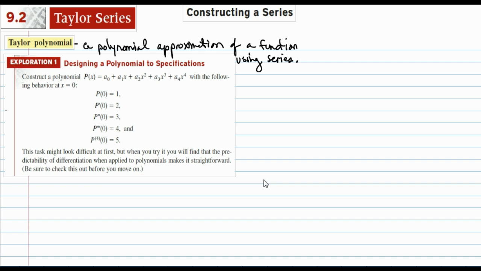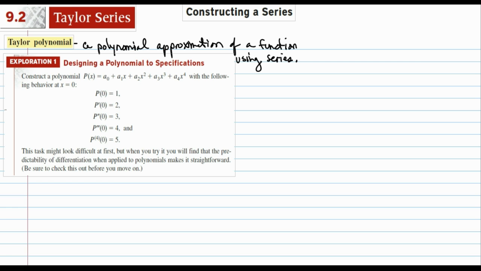Same thing with the second derivative. If the second derivatives equal each other, if you integrate twice, the resulting polynomial and the function you're dealing with would equal each other. Of course, the more derivatives we go into that equal each other, the more accurate our polynomial is going to be as an approximation of the function.